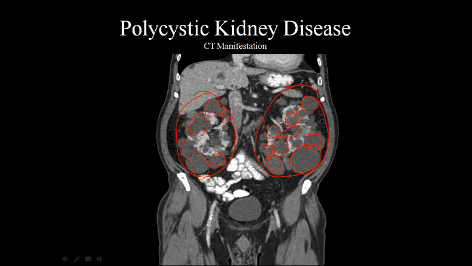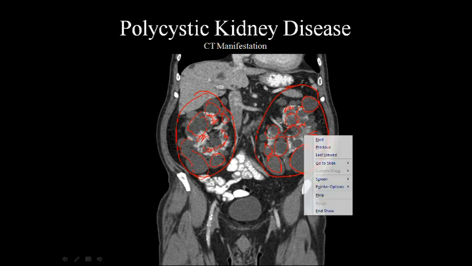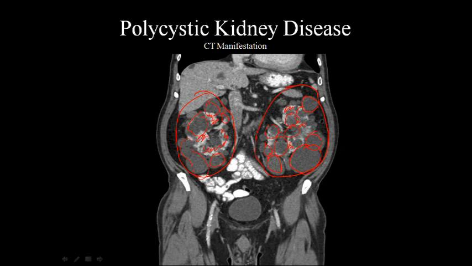That is all cyst. I noticed that here and here and here you have normal renal tissue. It almost looks like, this being the left and this being the right, that the left kidney looks much worse than the right kidney.